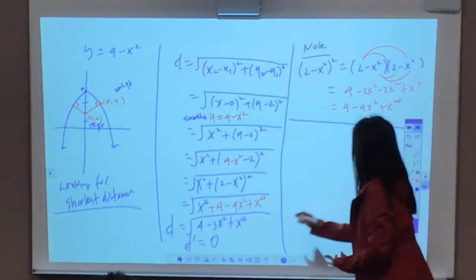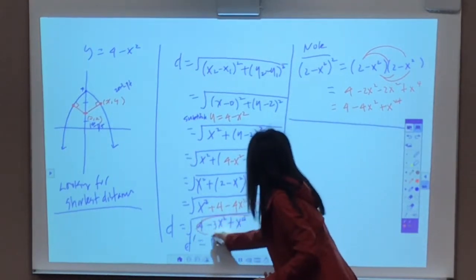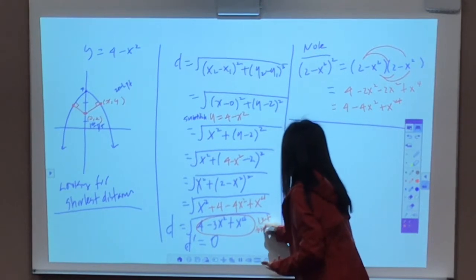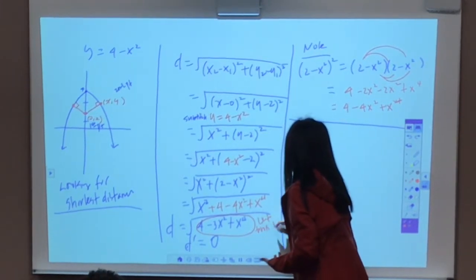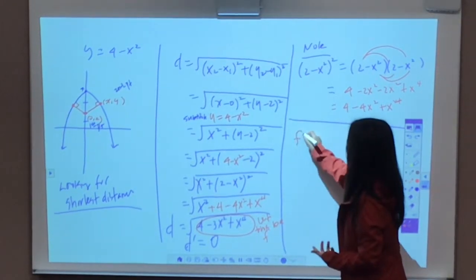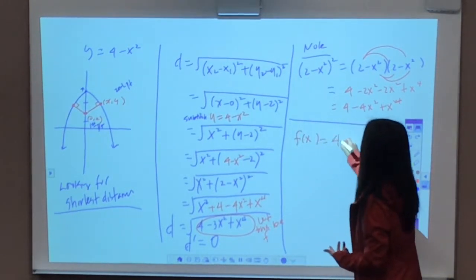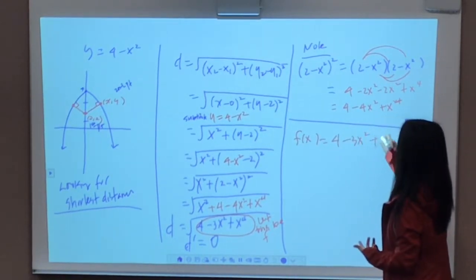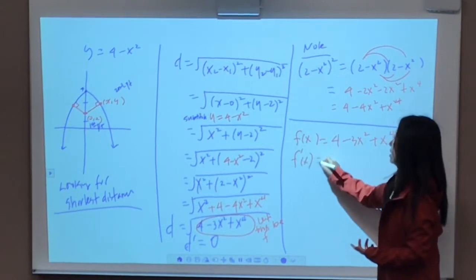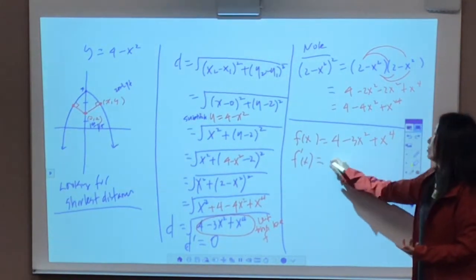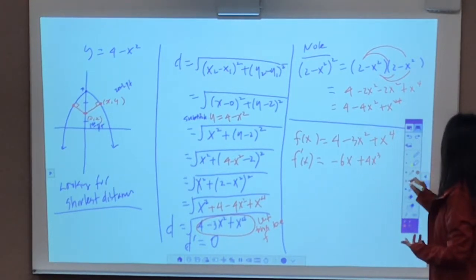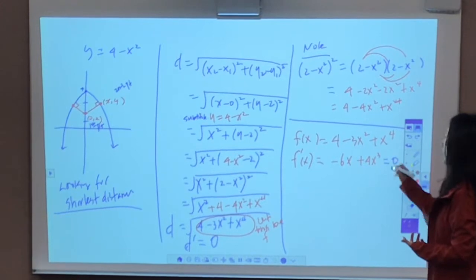So I have f of x is equal to 4 minus 3x squared plus what? X to the 4. Take a derivative of that. So you get 0, and this is equal to what? Negative 6x plus 4x to the third, and I'm going to set it equal to 0.